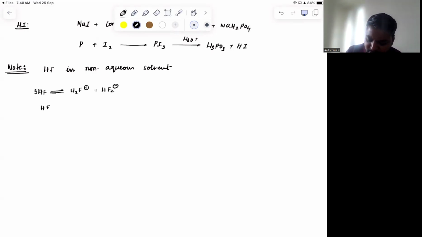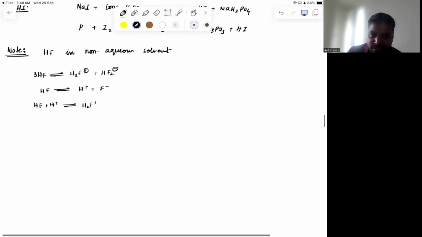HF to some extent will be ionized into H+ and F-. HF plus H+ will give us H2F+, and HF plus F- is giving HF2-.